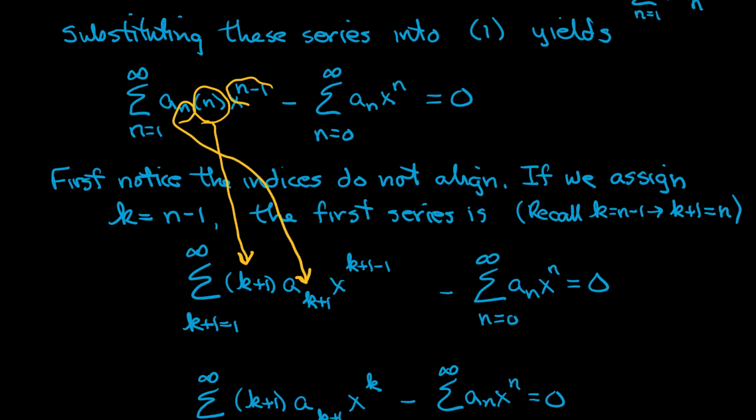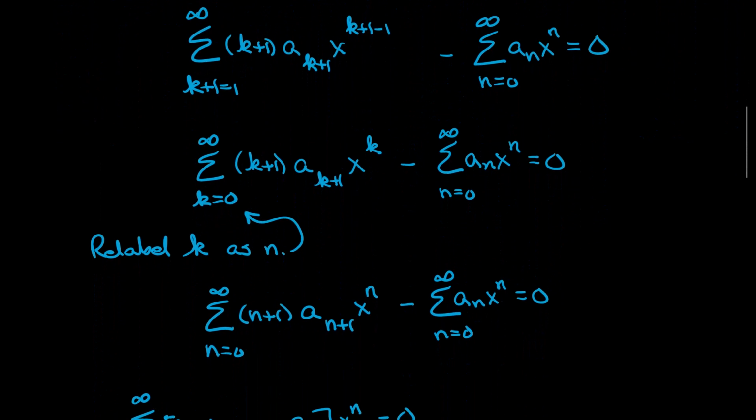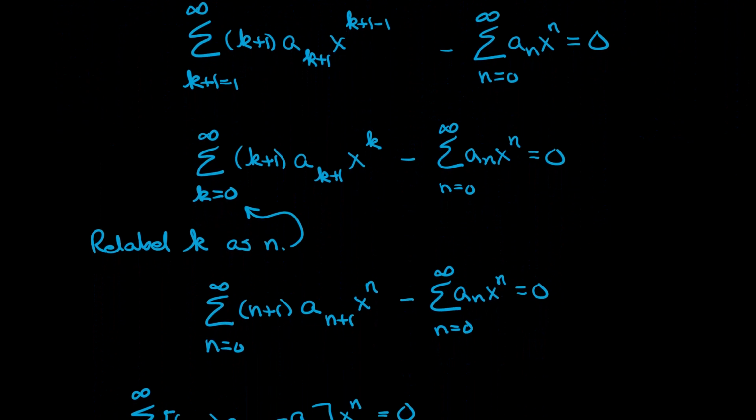We had an n minus 1, so we're going to have k plus 1 minus 1. So what I've done is every place that there was an n, I've replaced it with k plus 1. Then what I'm going to do in this first power series is simplify in each location where I can. For example, with our index, we have k plus 1 equals 1. Well, if I subtract 1 from each side, I get k starting at 0.